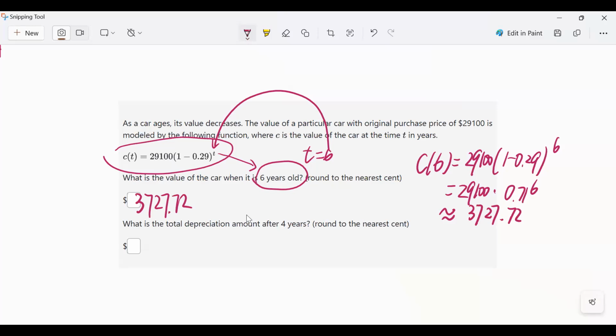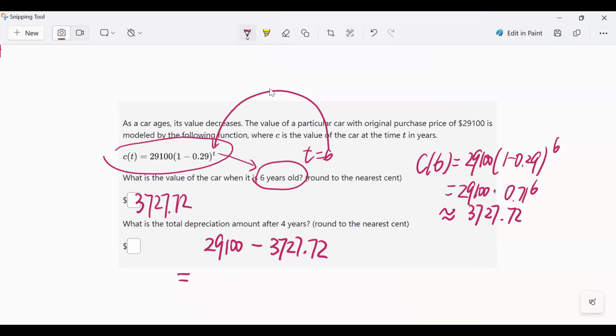And the total depreciation, meaning how much the total value goes down. We start with $29,100. Now we only have $3,727.72 remaining. So the difference is the total depreciation.